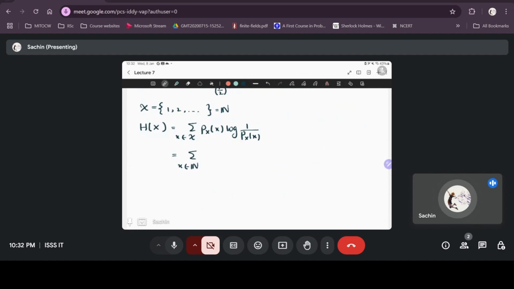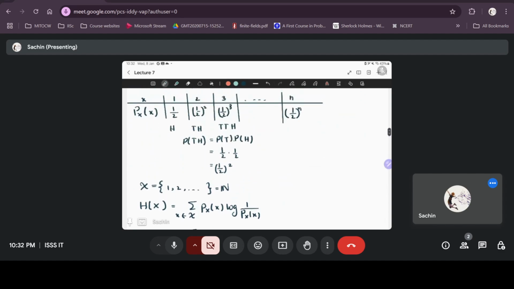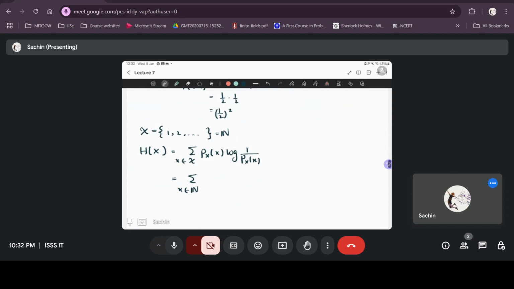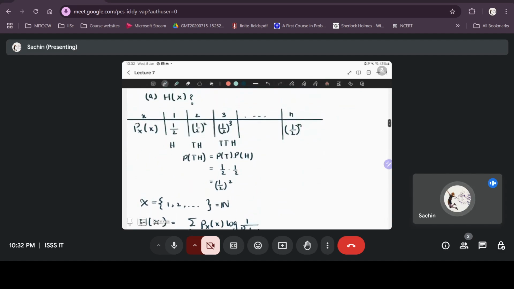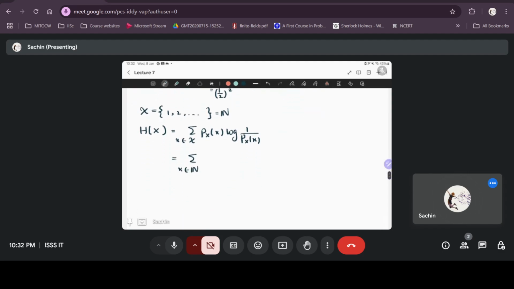The probability that X takes the value 1 is half, X takes the value 2 is half square.